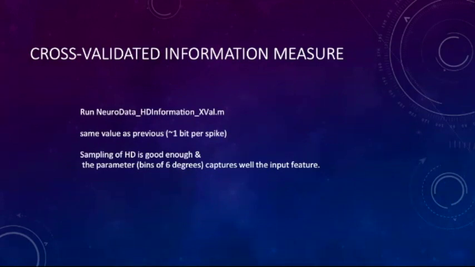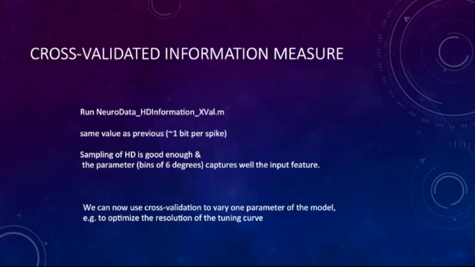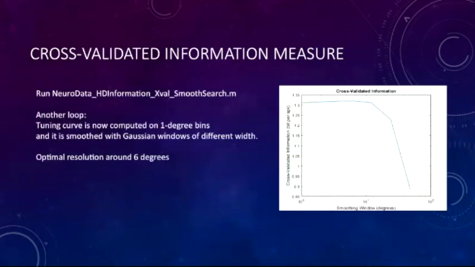But one interesting thing with cross-validation is that you can now vary one parameter, test different parameters, and look for the one that best explains your data, to optimize, for example, the resolution of the tuning curve. So, for example, you can run cross-validation for different sizes of the head direction bins, and you will see, it's not very clear here because head direction cells are so clear, that the best cross-validation is for bins of about 6 degrees, right?